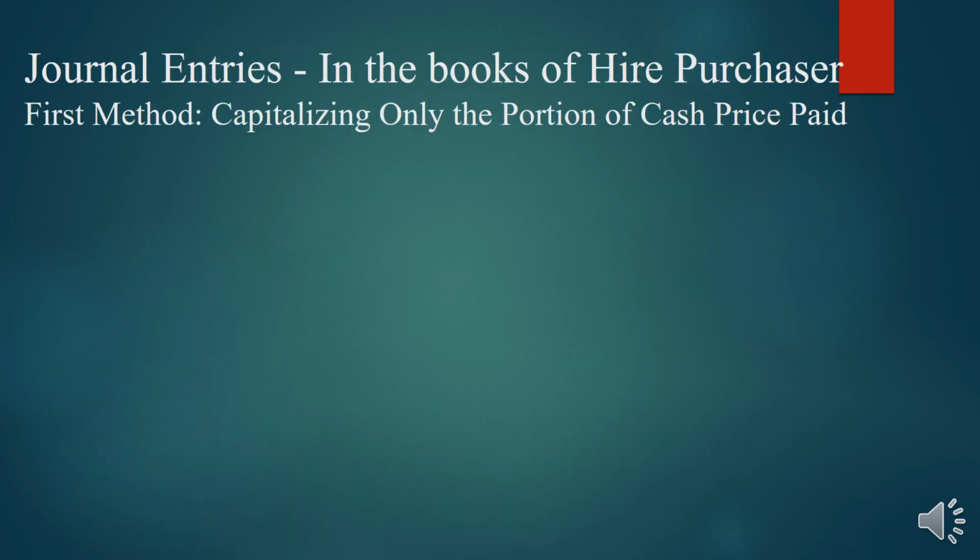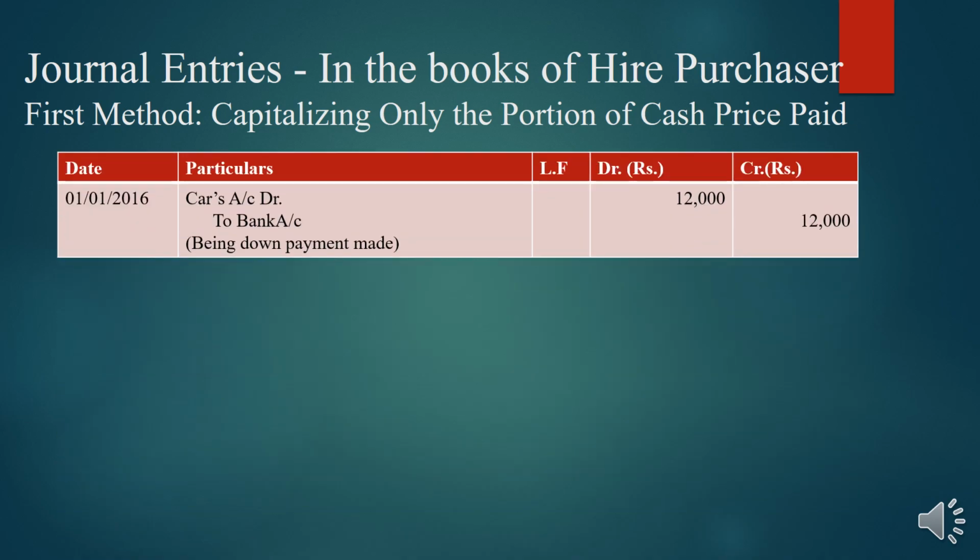To pass the journal entries in the books of hire purchaser, there are 2 methods. The first method, which we take up now, is where you capitalize only the portion of cash price paid. In the second method, you capitalize the entire cash price. Here, the first journal entry on 1/1/2016 is for making the down payment.